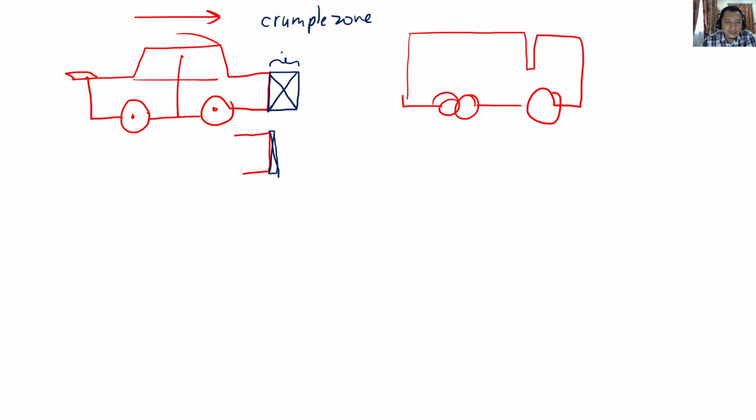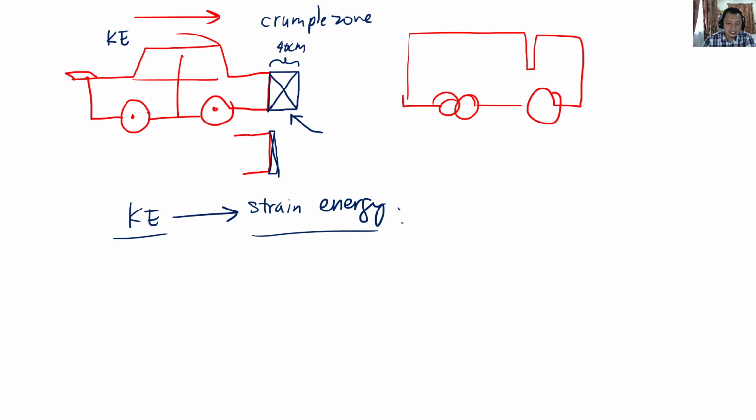This crumple zone is probably about 40 centimeter. This is the region that absorbs the kinetic energy. You know about kinetic energy already, right? Now your kinetic energy has to be converted to something called strain energy.